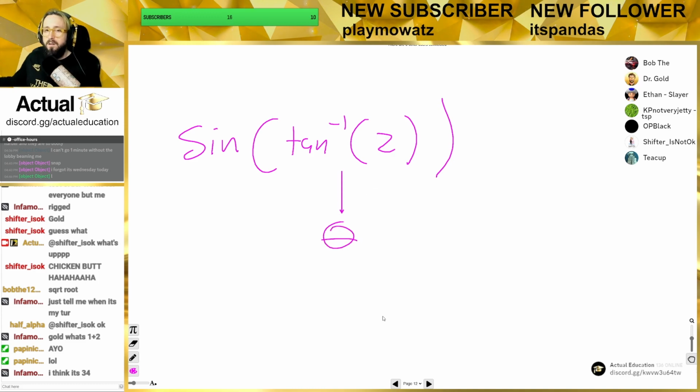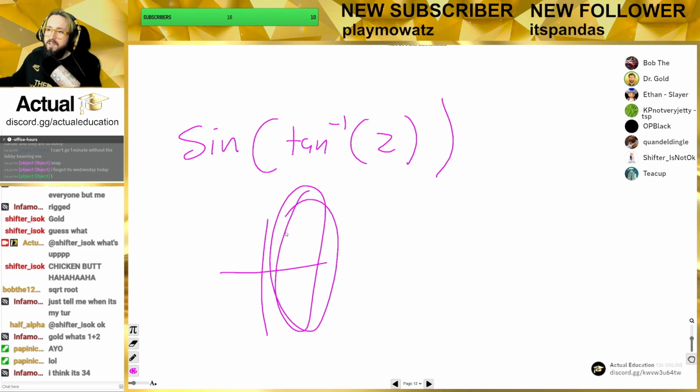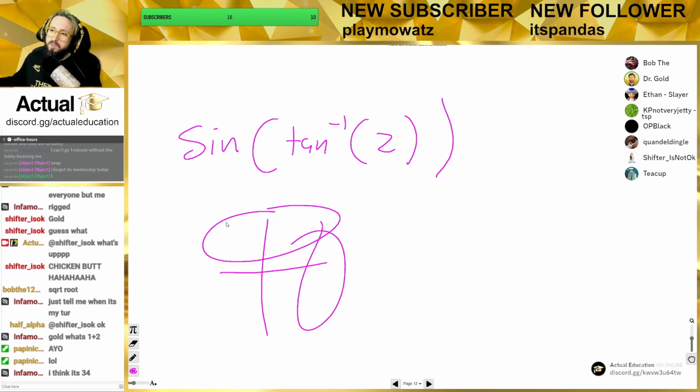Which quadrant? Quadrant 1. It could be quadrant 3, but I think tangent's defined in these quadrants, if I'm not mistaken. I forget if it's these ones or these ones.